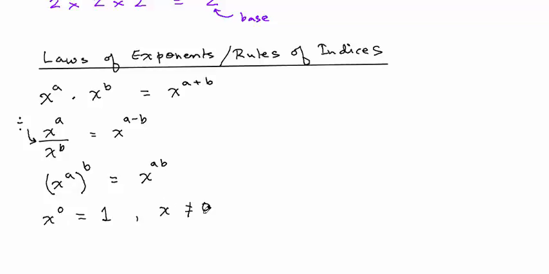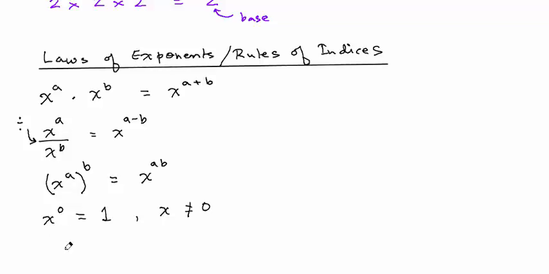And in the same way, if you set b to be a number that's larger than a, let's say a is 0 and b, let's just keep it as b. So we have 1 over x raised to the b. The numerator becomes 1 the moment a is set to 0, because we just learned that x raised to the 0 is 1.